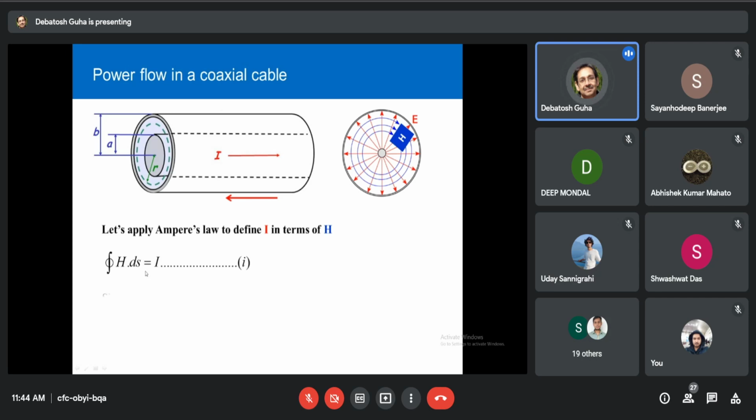What is ds? ds is the total line integral. It's in the circular path and this line integral will be 2 pi r h. I'm considering this the arbitrary r. Later on we'll see what is the actual value of r. So magnetic field is related to current through equation 2.